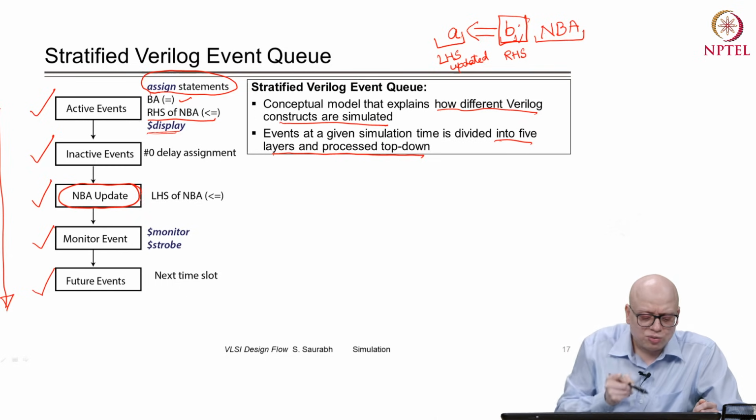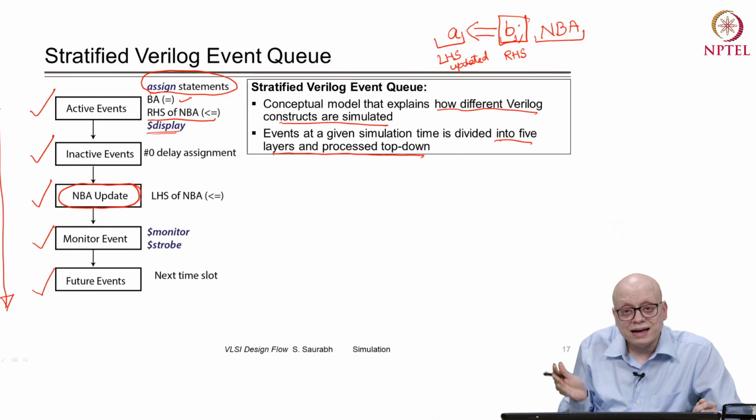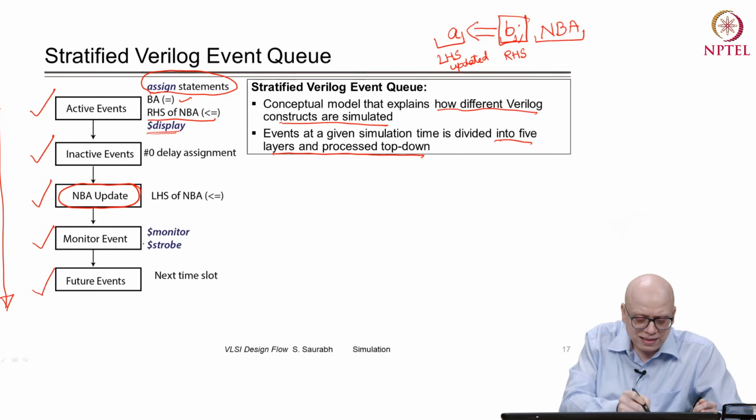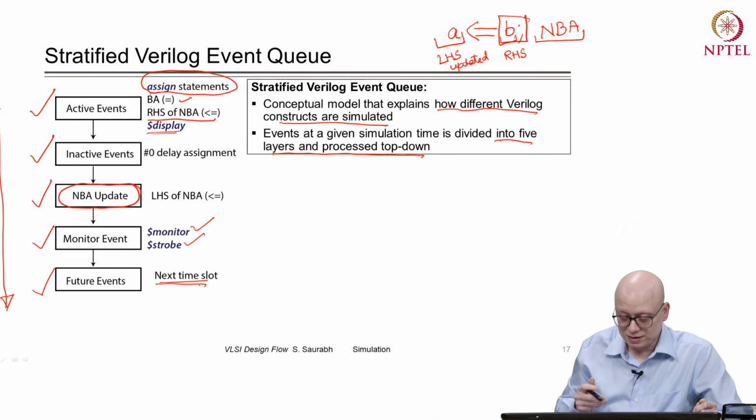Then comes the non-blocking assignment update, the LHS part, and then comes the monitor statement, the strobe statement, and then it moves to the next time slot. So, this is how the processing will happen.